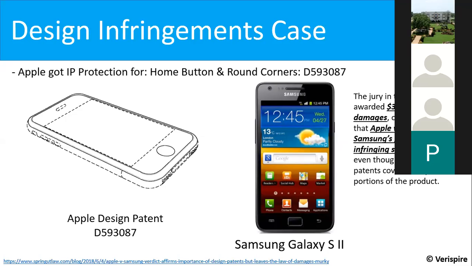In 2011, Apple filed a case against Samsung and stated that Samsung copied their idea of round corners mobile phone without their consent, without taking a license from them. And in 2013, the US court stated that Samsung has to pay royalties in millions to Apple for using their protected invention.